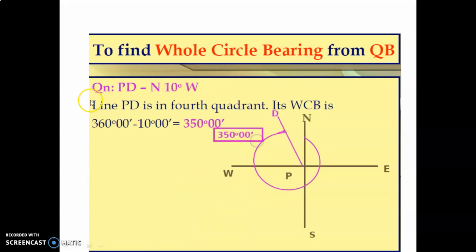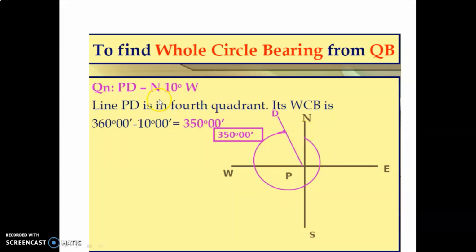Take the fourth example. Line PD is given, north 10 degree west. Sorry, RB is given, north 10 degree west. You have to calculate WCB. So it is in the fourth quadrant. You can see this is my fourth quadrant. I have shown my line also. PD line is there. The total from here to here is 360 degree.